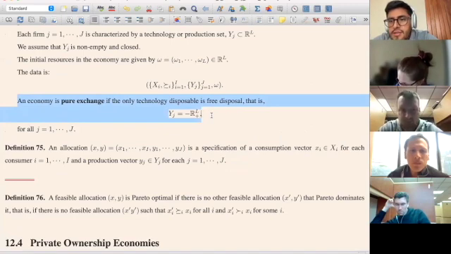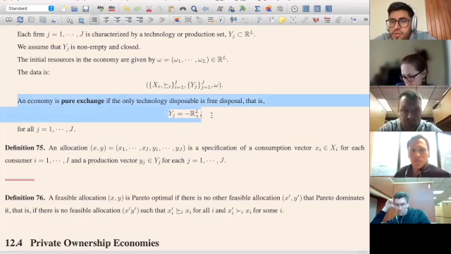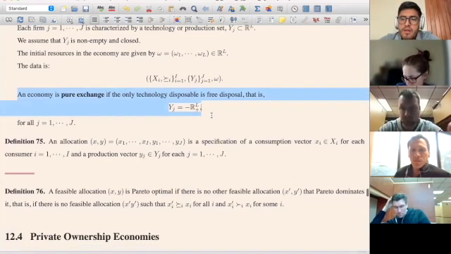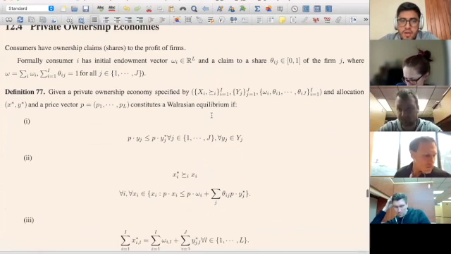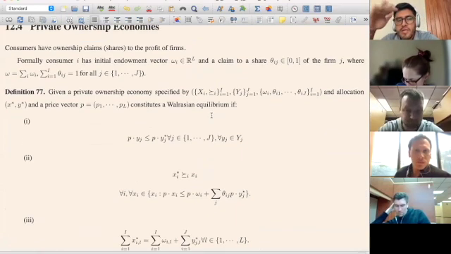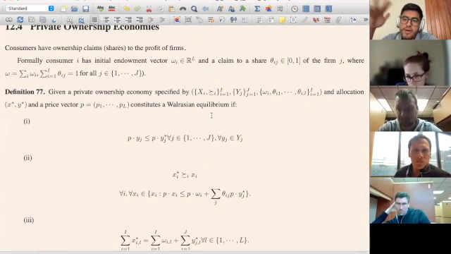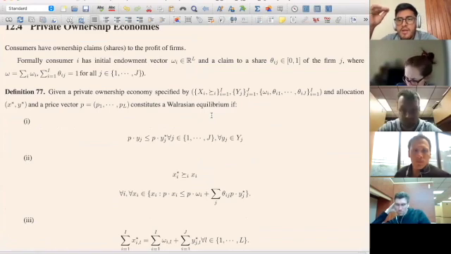In that case, this is a free disposal technology that includes 0, so you're going to have essentially 0, or you're going to be throwing away things, in which case it's negative. But where we are now isn't necessarily that. Yeah, that's why it was another section, and now we're at a different section. In this section, this is a general case, and then a special case of private ownership is a pure exchange, okay?